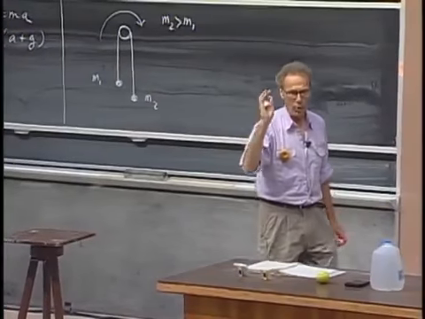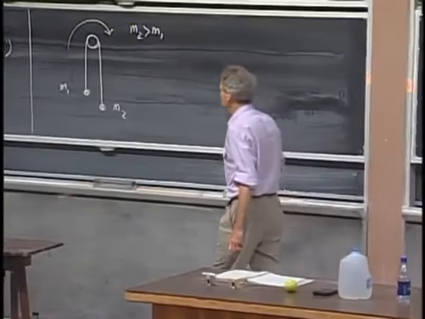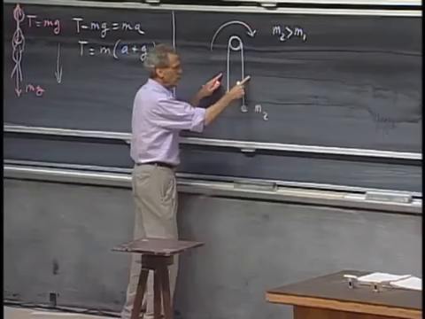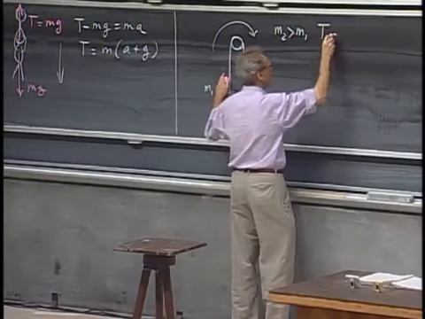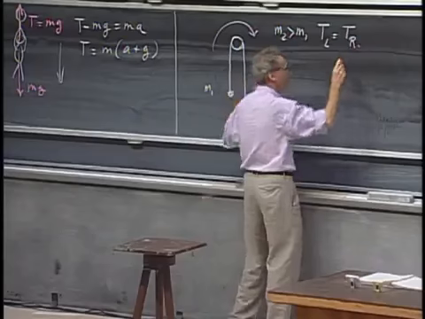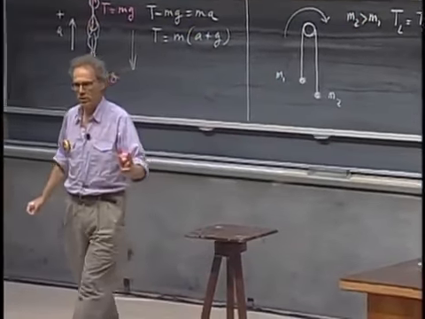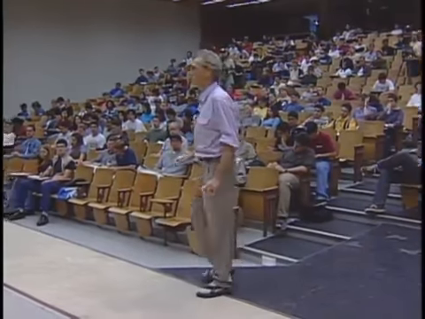What comes now is important, that you grasp that. I claim that the tension on the left side must be the same as the tension in this string on the right side. T left must be T right. Why is that? It is because the pin is frictionless, and it is because the string is massless.